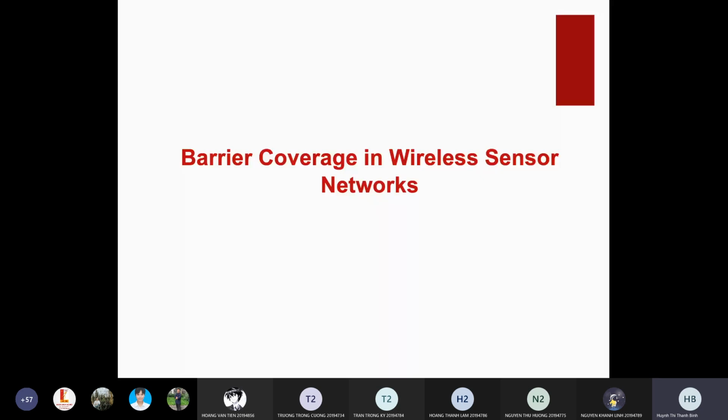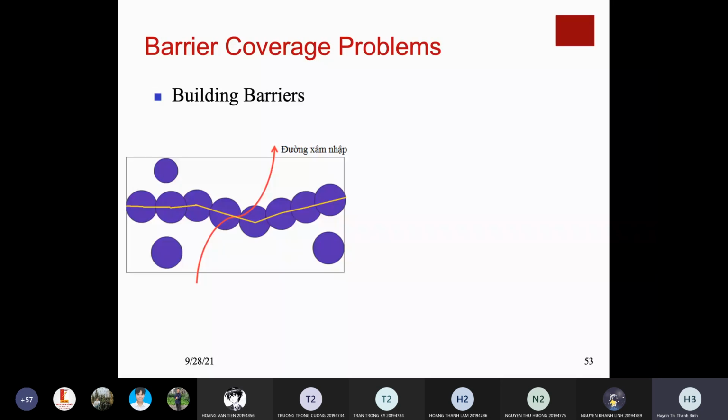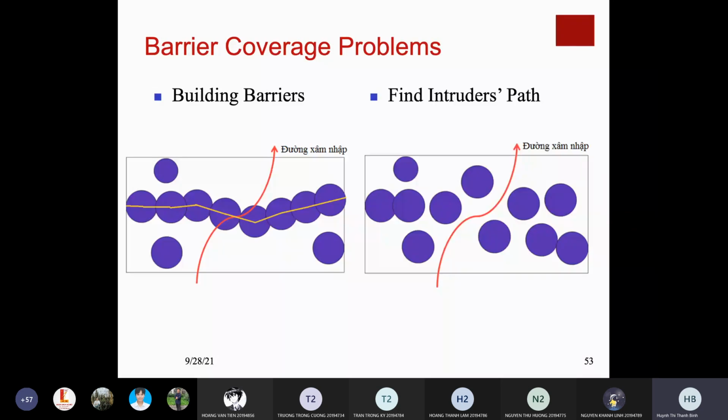Another topic is barrier coverage in wireless sensor networks. You can see this is the area around the border. This problem has applications in the military.